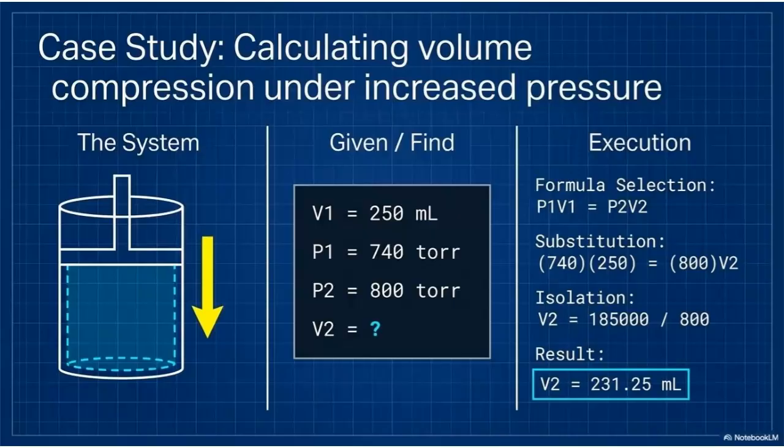So once you identify your V1, P1, and P2, it's a matter of plugging in the values into the equation and solving for the one that you don't have. In this case, you're solving for V2 by dividing by 100 on both sides. When you do that, your final volume is 231.25, which does make sense because the volume is going down as the pressure is going up.